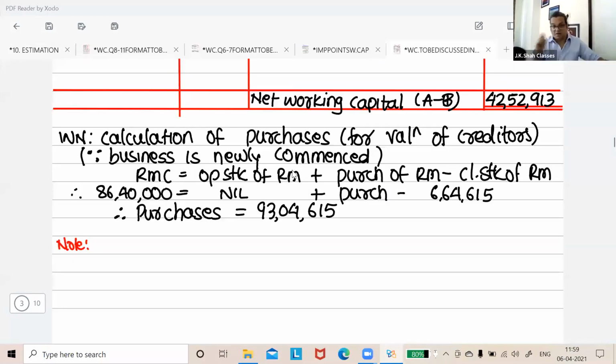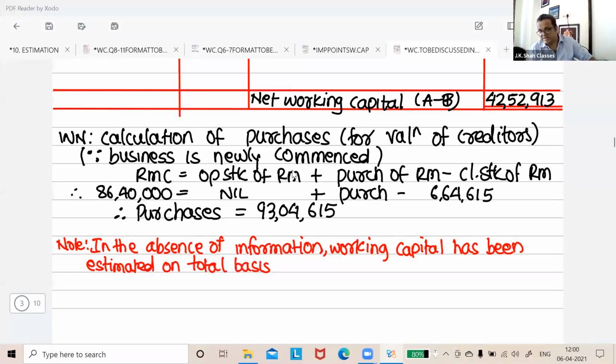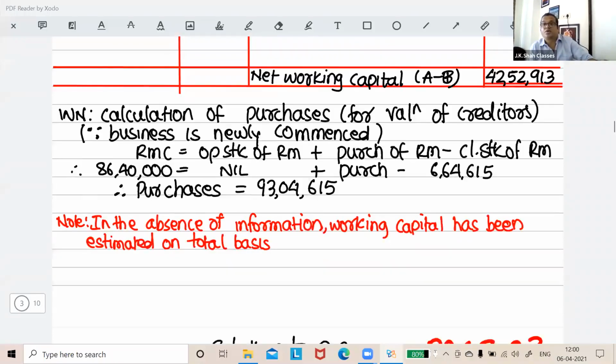Note: In the absence of information, working capital has been estimated on what?